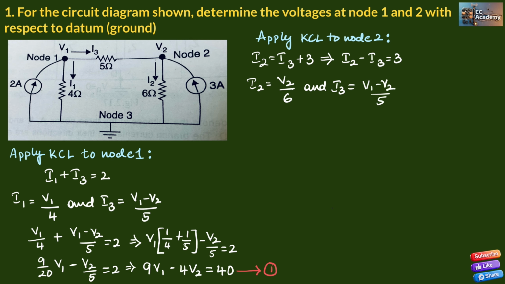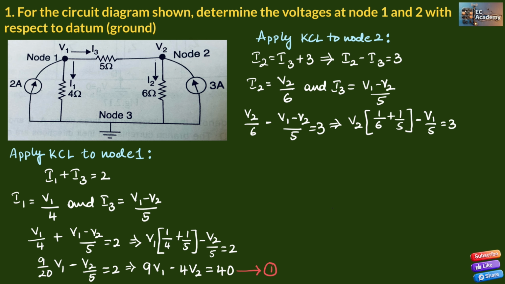So, if we substitute these two values in this equation, we can write the above equation as V2 divided by 6 minus (V1 minus V2) divided by 5 will be equal to 3. If we write V2 terms at one place, we can write V2 into (1 divided by 6 plus 1 divided by 5) minus V1 divided by 5 will be equal to 3.